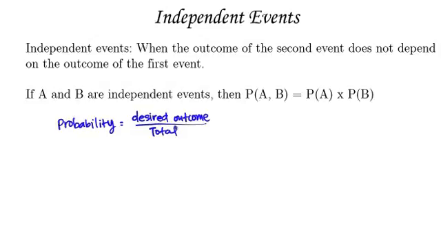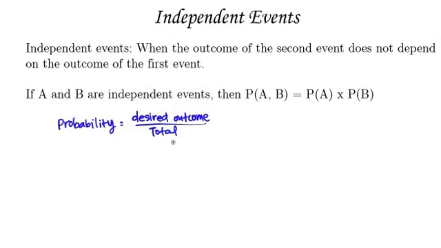Once you have this, you can leave it as a fraction. You can change it to a decimal. You just divide the top number by the bottom number. Or you can change it to a percent. Usually probability is left as a fraction, the desired outcome over the total.